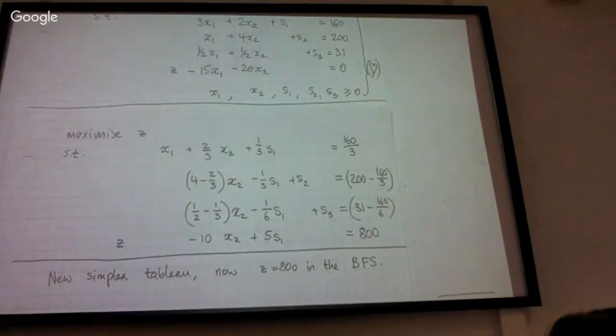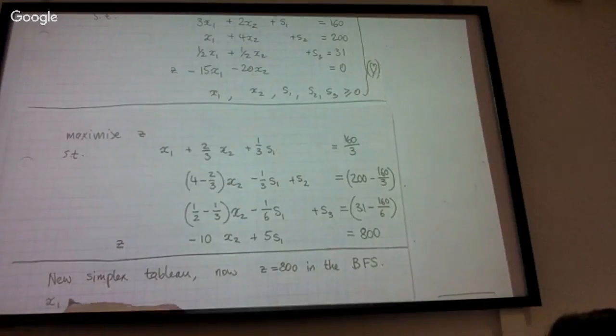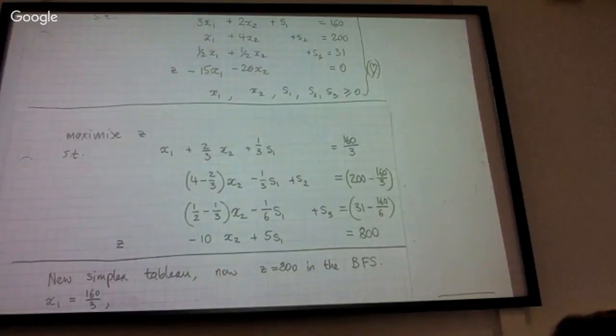Okay, so now Z is 800, and X1 is 160 divided by 3. What is X2? What's X2 in this basic feasible solution? Is X2 in the basis?